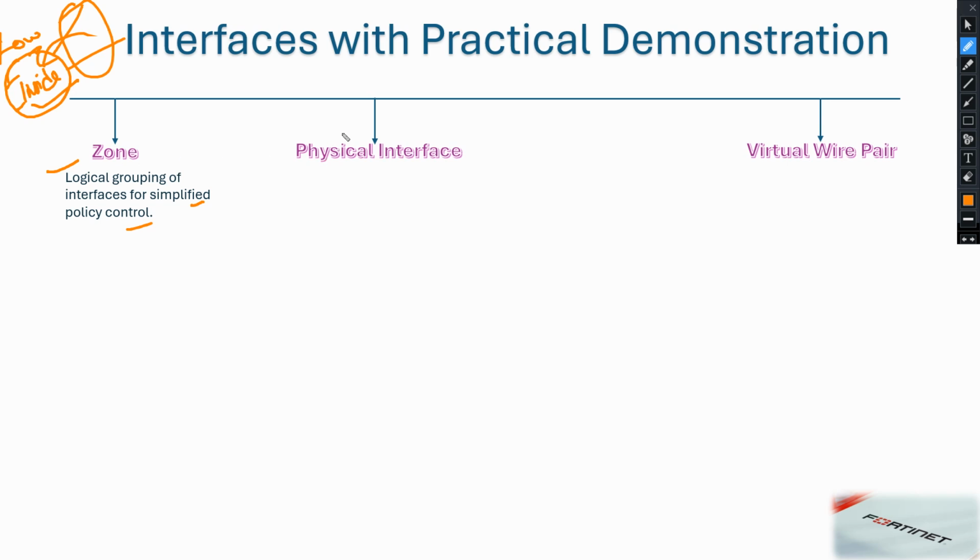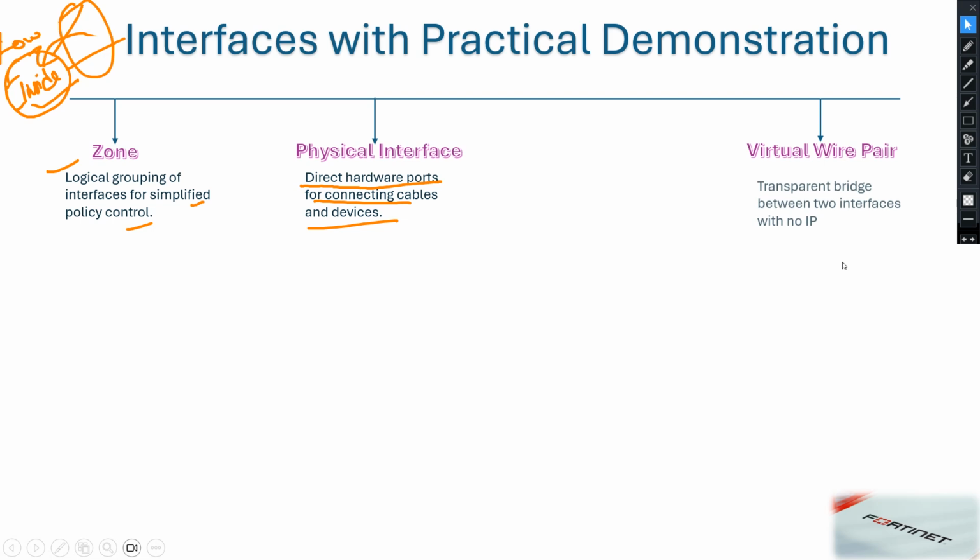Now let's talk about the physical interface. Physical interfaces are the dedicated hardware ports for connecting the cables and devices. Virtual wire pair, as we discussed earlier, is a transparent bridge between two interfaces with no IP addresses.